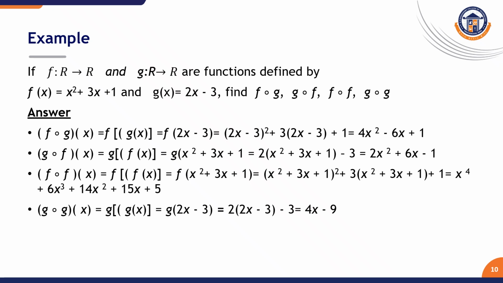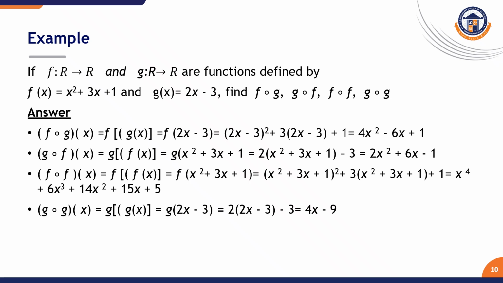Now let us see g composite f of x, that is g(f(x)), that is equal to g(x² + 3x + 1) as per the definition of f, that is equal to 2(x² + 3x + 1) - 3, that is equal to 2x² + 6x - 1 after simplifying. Next, we'll calculate f composite f, that is f(f(x)).